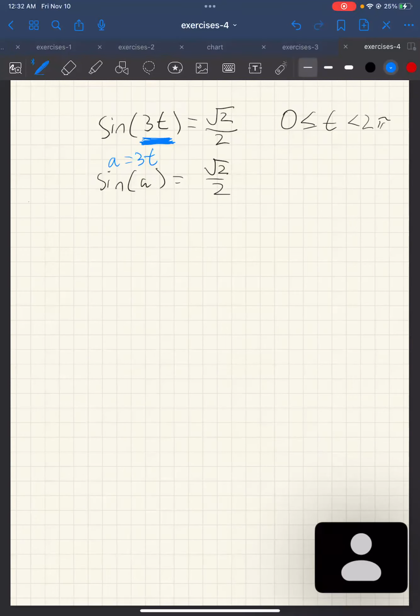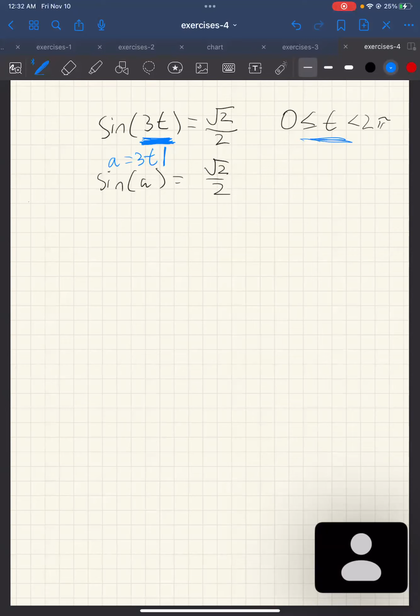However, again, we are now wanting to solve sine of a equals something, but our domain is in terms of t. So we need to rewrite our domain in terms of our new question. Well, again, a is equal to 3t.